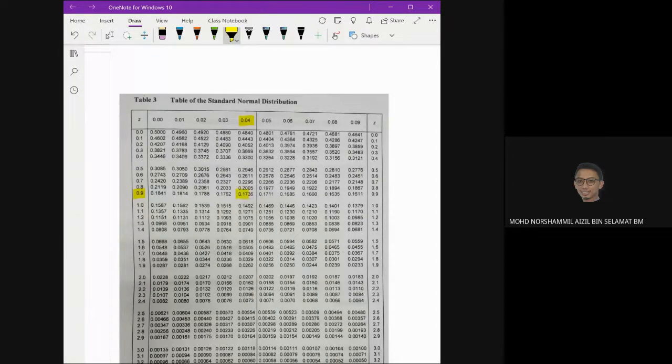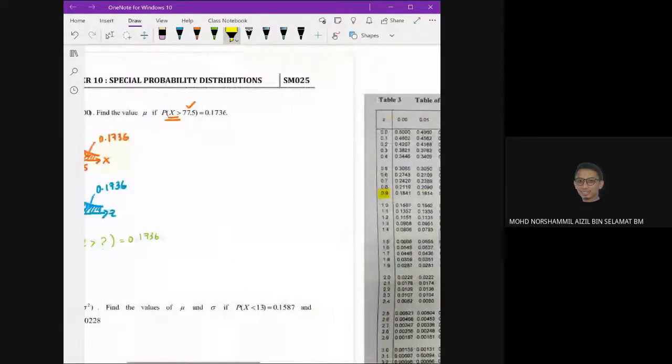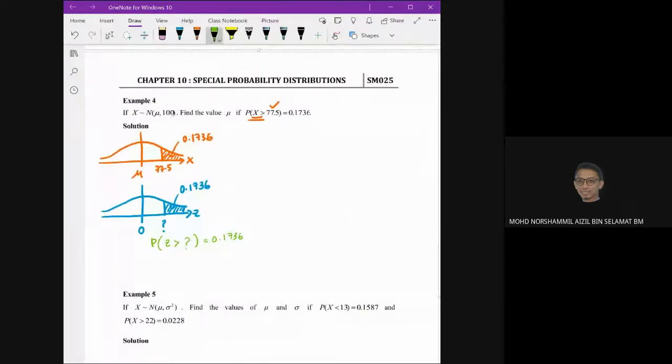Ni, you dapat kat sini ni. 1736. Yang lain macam mana? Sama, sir. So means that we obtain that this one is 0.94. Boleh tak? Okay, sir. Okay, faham dah tu kan?